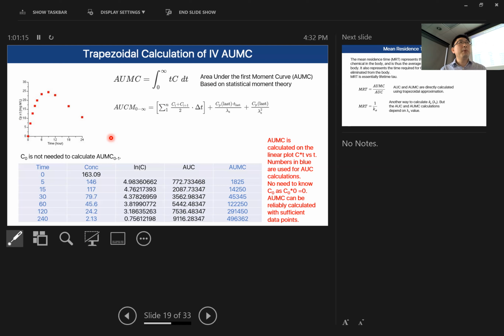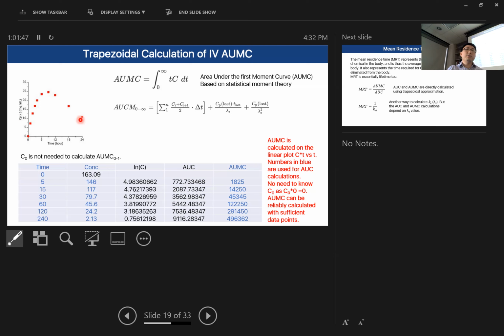These two numbers you can reliably, or say easily, get mathematically from your raw experimental data. So remember, the AUC and AUMC are the numbers we can get reliably. That's why a lot of the following calculations are based on AUMC and AUC, not on other things.